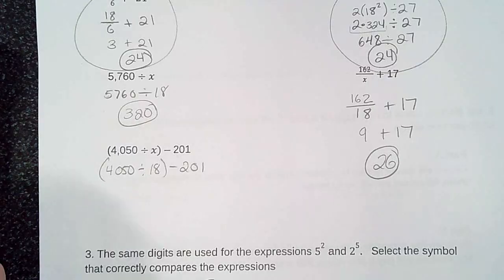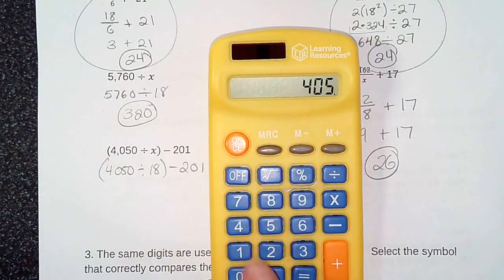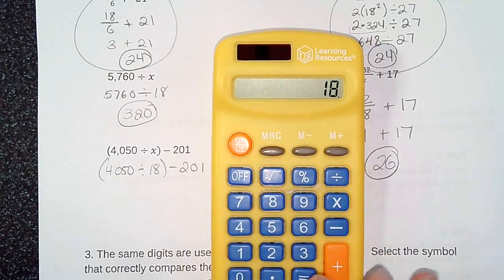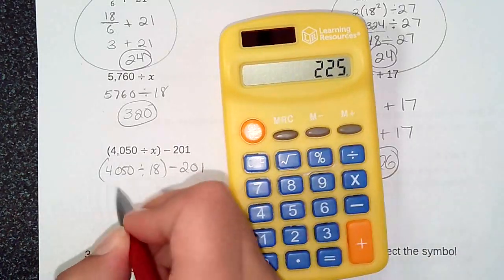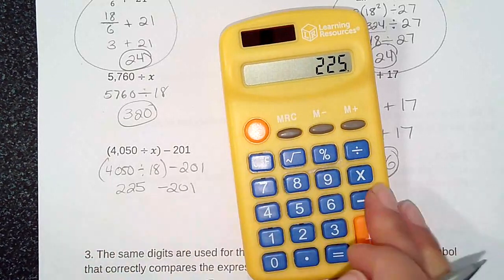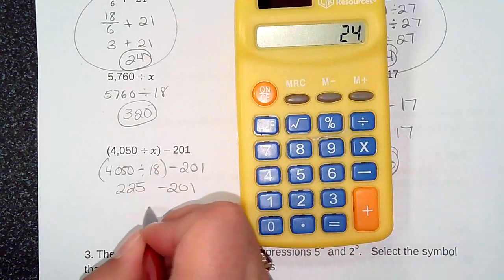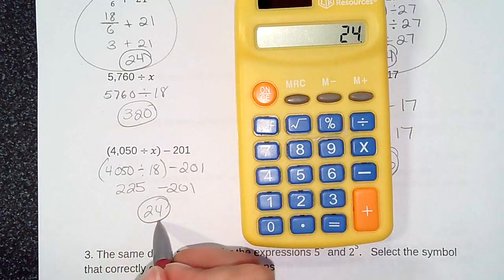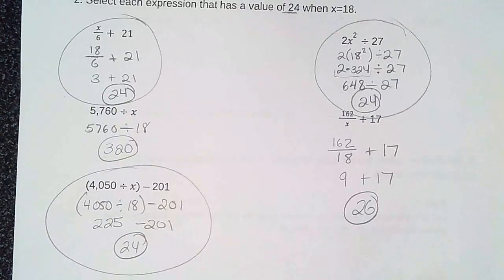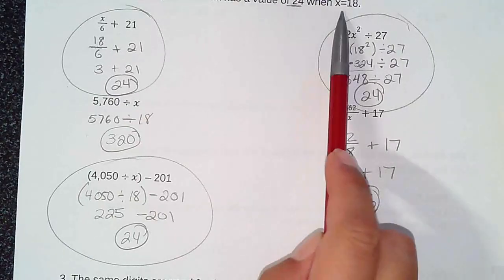So on my calculator, and you guys will be able to use a calculator on your test, as long as you show your work like I am, 4,050 divided by 18 equals 225, minus 201, 24. So this also has a value of 24. So out of the 5 problems that we did, you have 3 that have a value of 24 when x is 18.